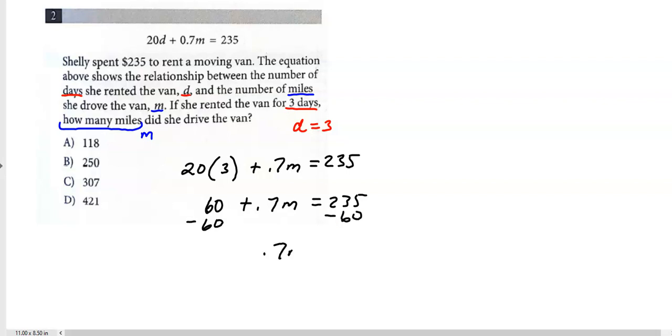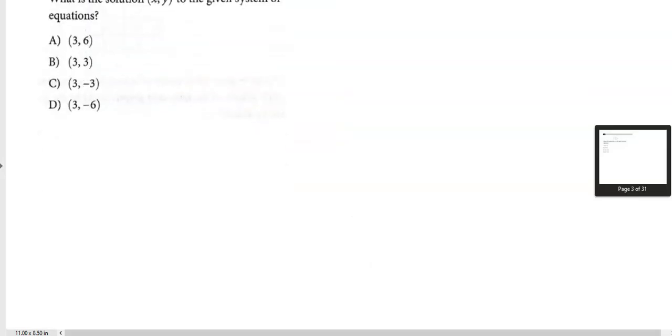And I get 0.7M equals 175. Divide by 0.7, divide by 0.7. And that's going to give me M equals looks like 250. So M equals 250. All right, moving right along.